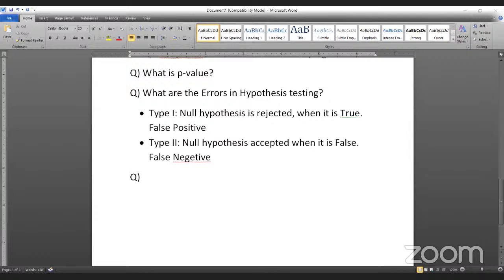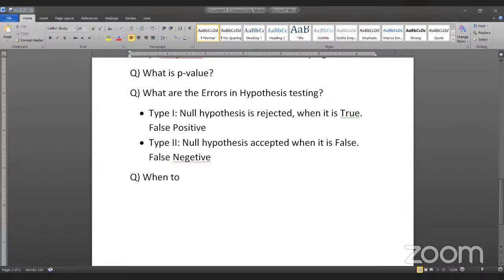Okay, next, when to use a z-test and when to use a t-test.